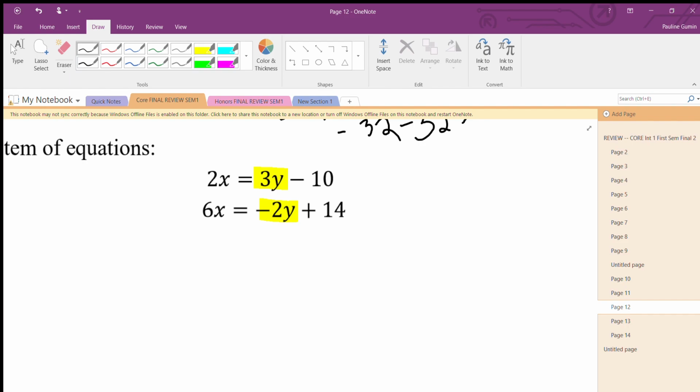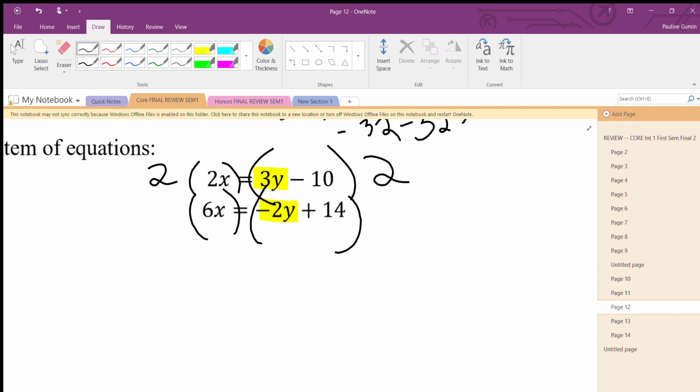Now, a foolproof method of doing it is by multiplying the top by the constant of the bottom and the bottom by the constant of the top. So since the bottom equation has a 2y, I'm going to multiply the top equation by 2, and the bottom equation gets multiplied by 3. All right, so here are my two new equations. 6x, whoops, no, that's not the 6x.